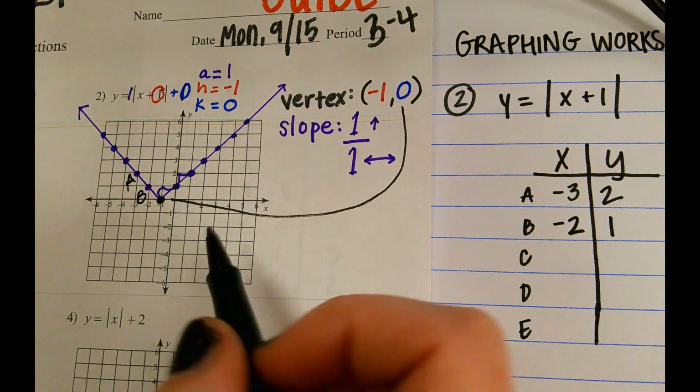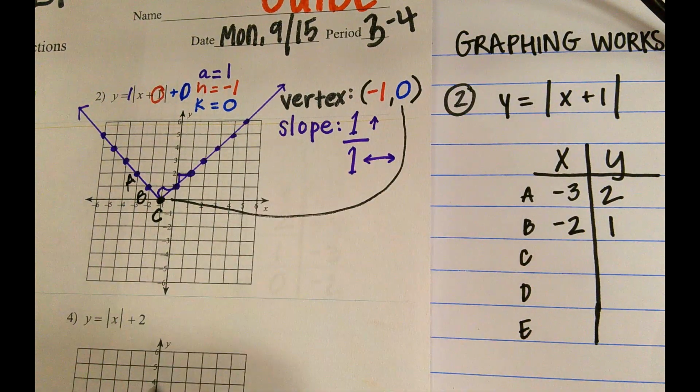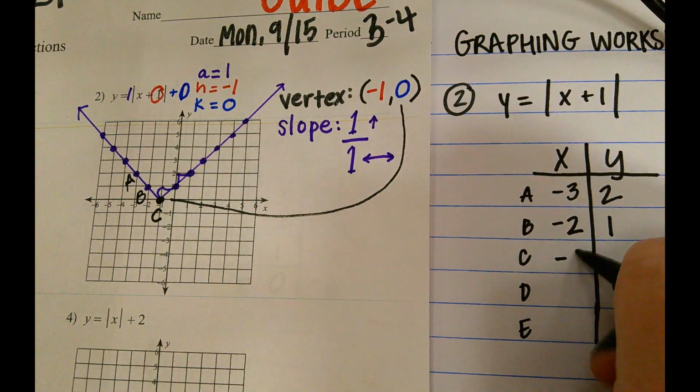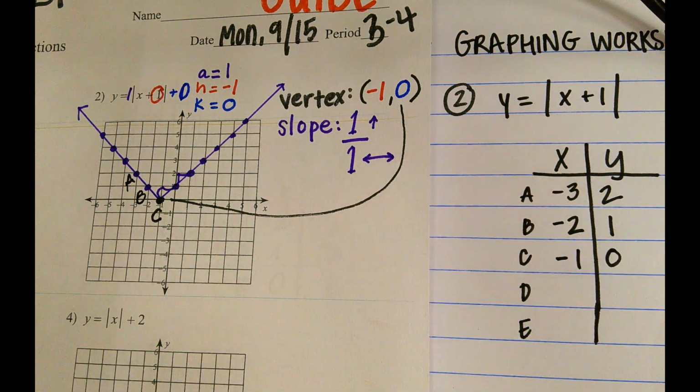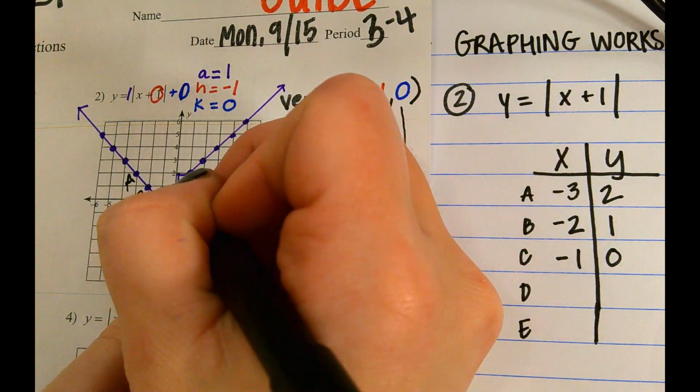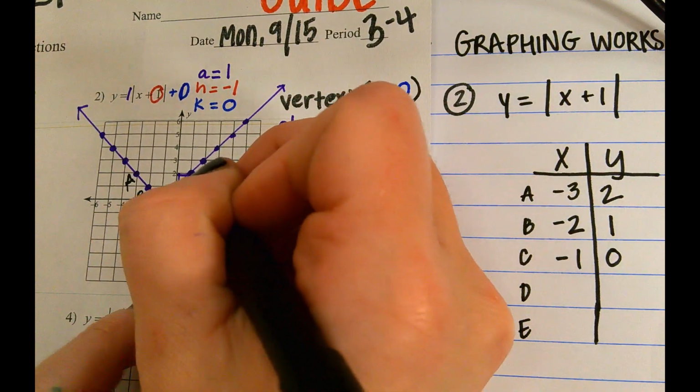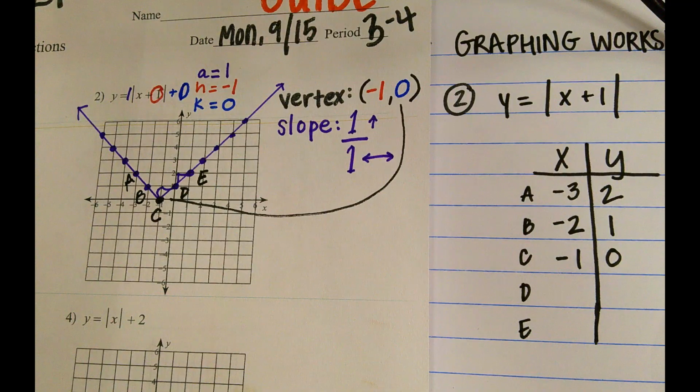Okay. We'll call the vertex C. We already have that, -1, 0. D is 0, 1. All right.